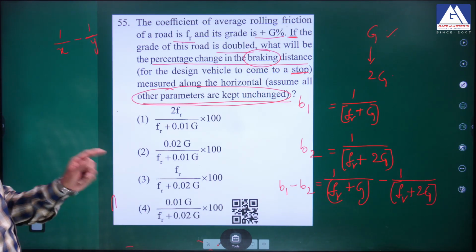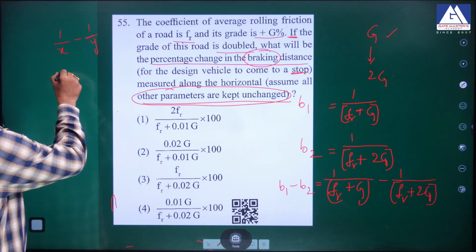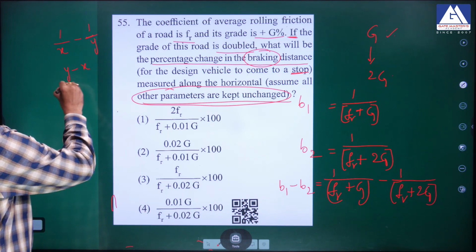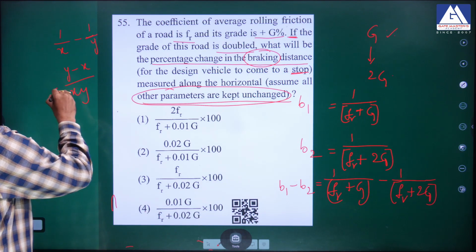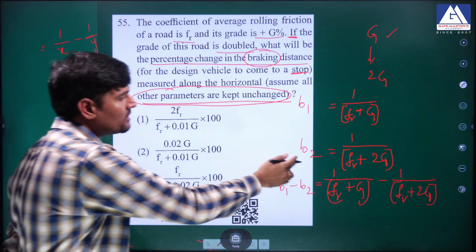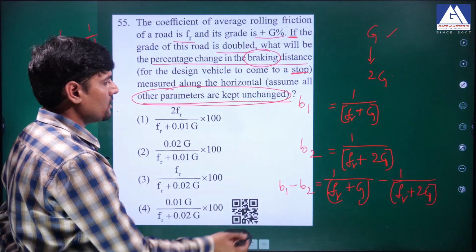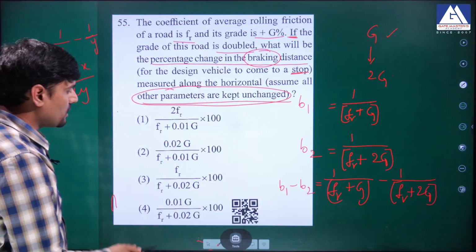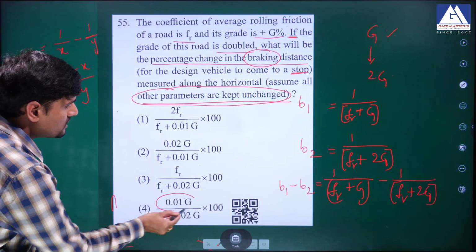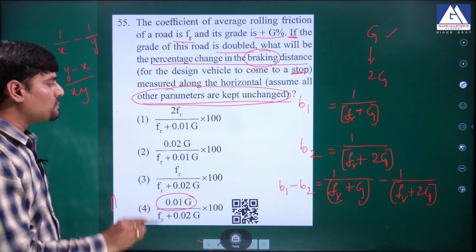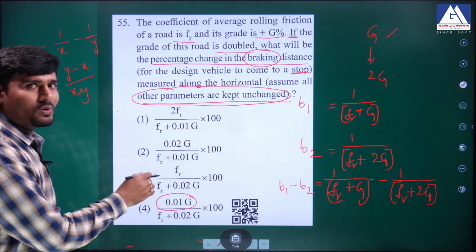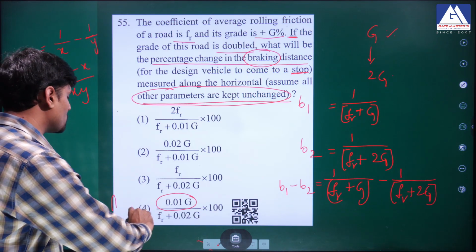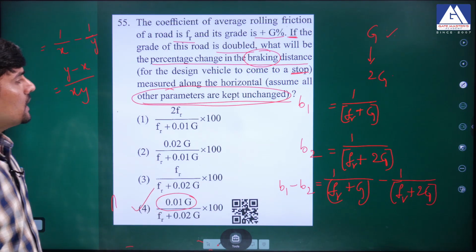If you see such a relationship, we have to write it down as y minus x divided by xy. So if you solve this, the numerator becomes 0.01 g, and this is the only option we have got, the 0.01 g in the numerator. So therefore this is the option.